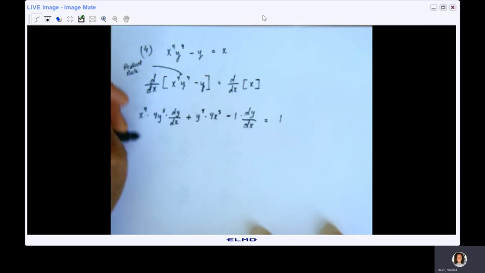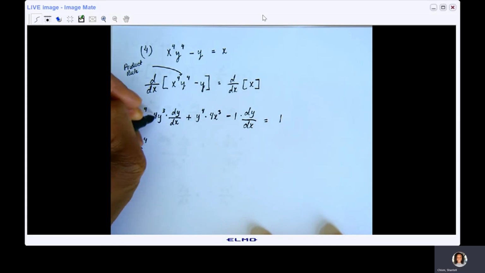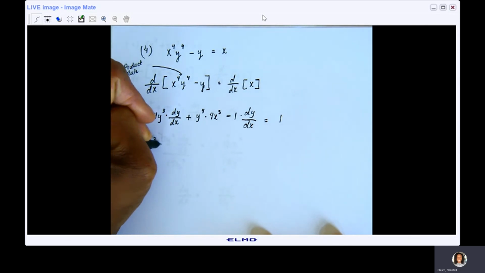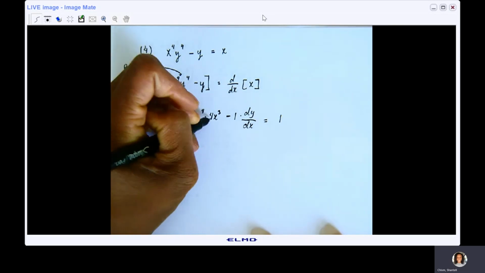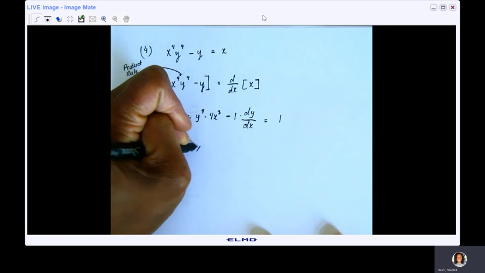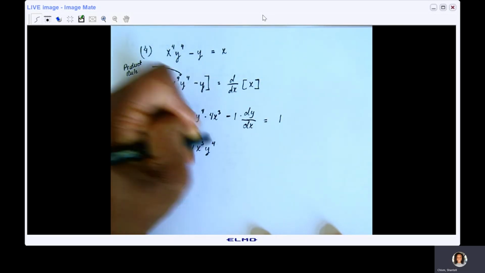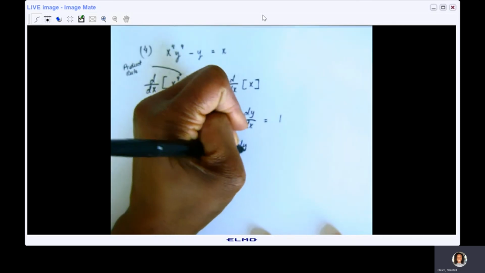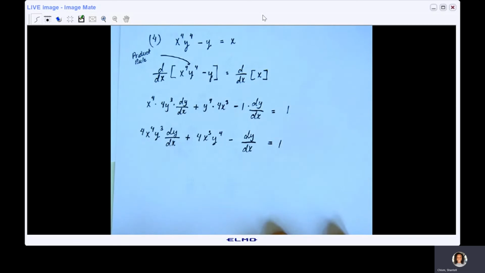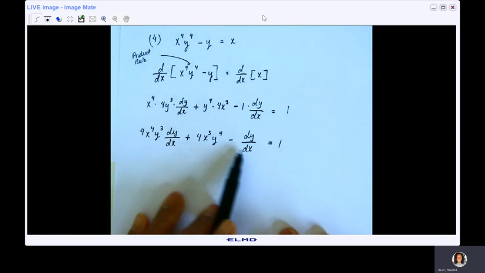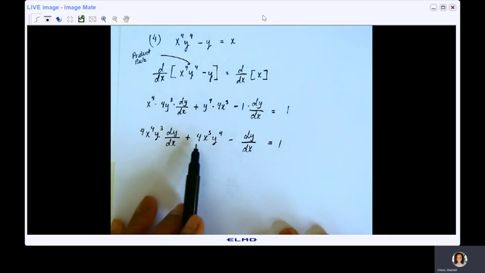Okay? So I'm going to clean this up. I've got x to the 4th. Let's bring this constant 4 to the front. So I've got 4x to the 4th y cubed dy over dx plus, bringing that 4 to the front as well, 4x cubed y to the 4th, and then I've got minus dy over dx, and equals 1. So I've got two terms with dy over dx, and they're going to stay on this side.